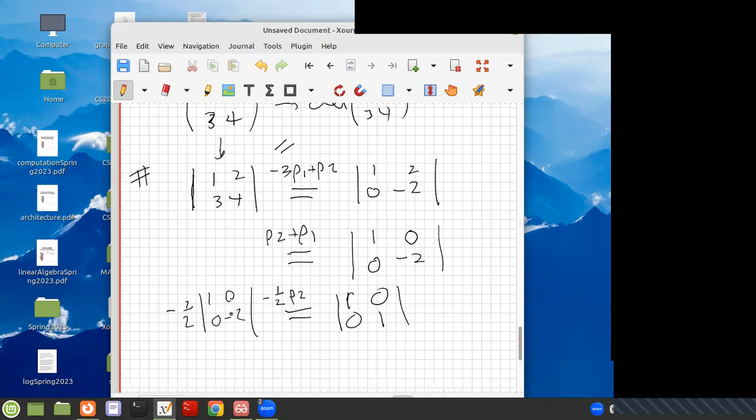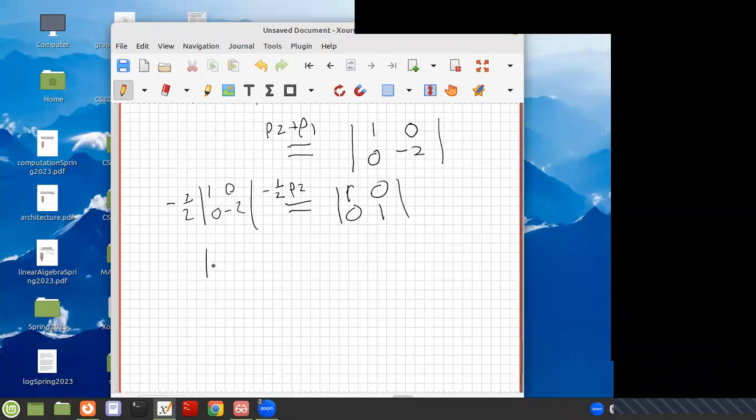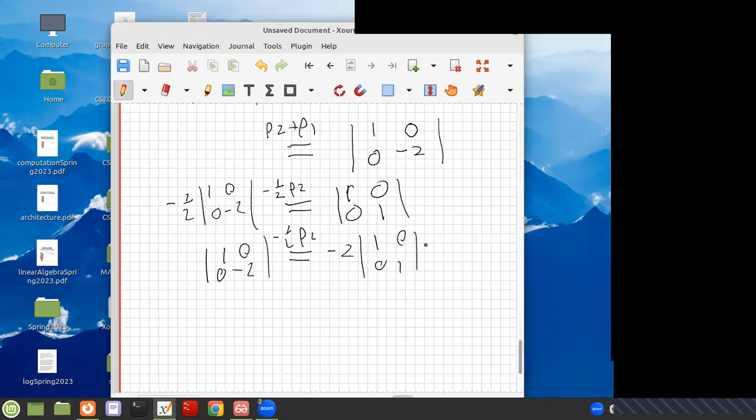Now, what I'd like to do is be able to say this is equal to this. So if I can see if this is true, then 1, 0, 0, minus 2 equals minus 1/2 row 2 minus 2, 1, 0, 0, 1.